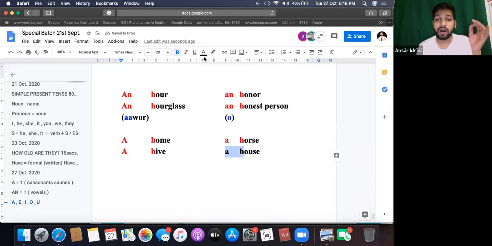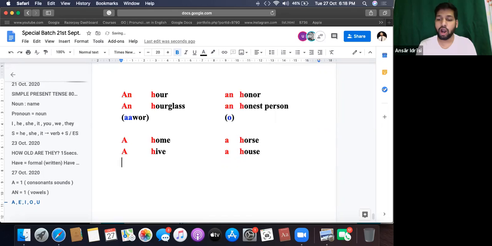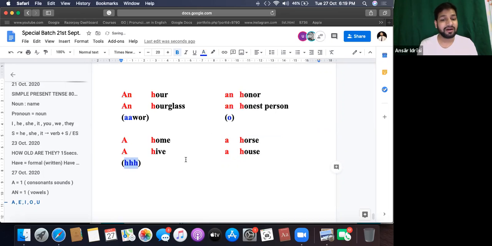We are saying a home, a house, a horse, a hive, etc. If you see here, the sound coming is h, and the sound is completely consonant.